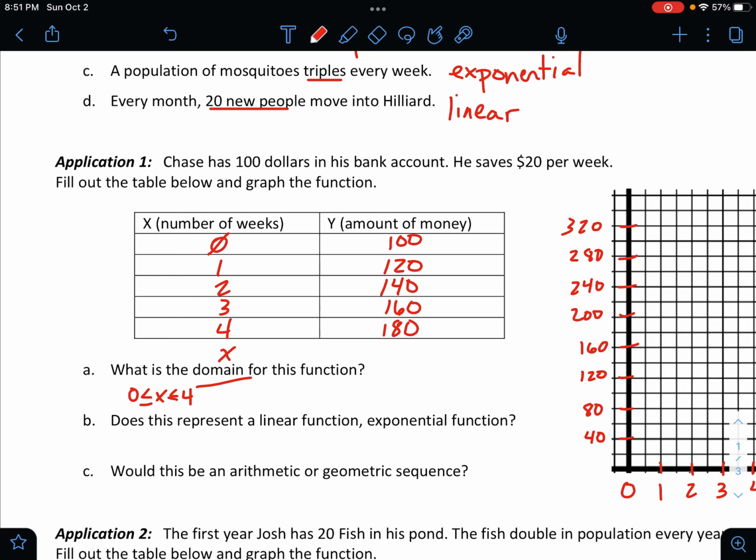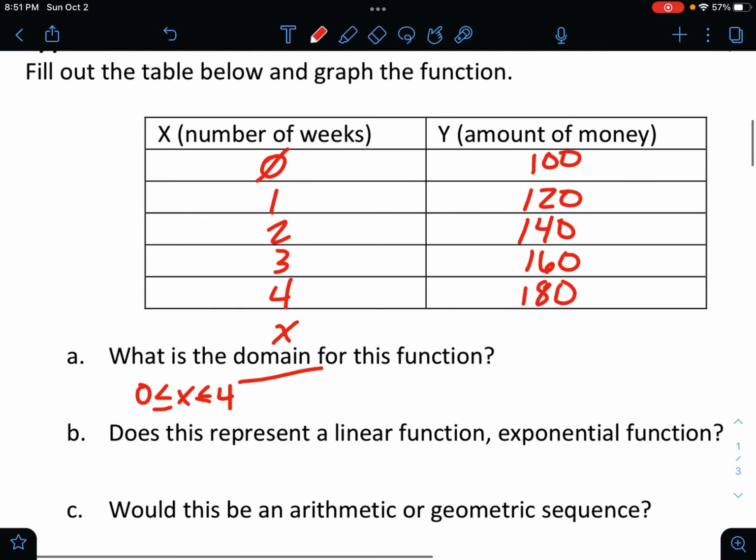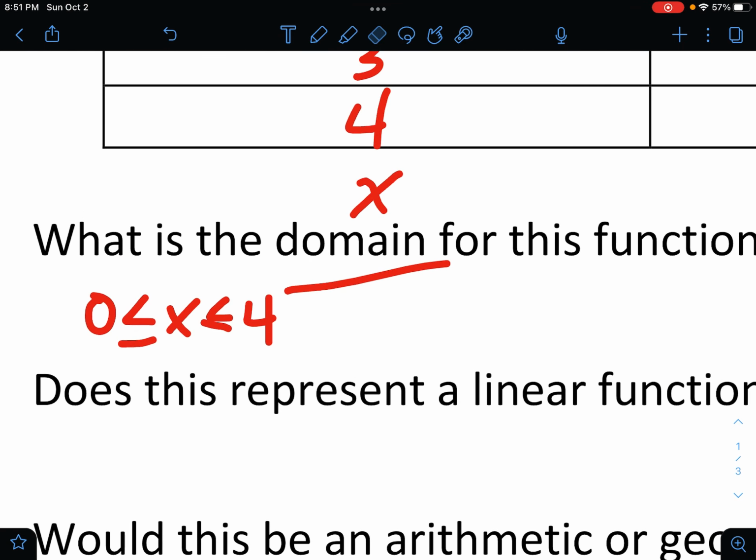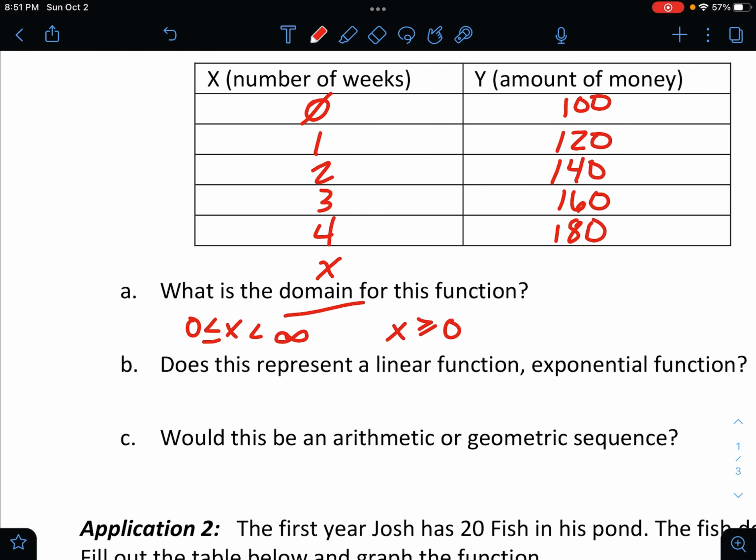However, because it says he's saving 20 per week and it doesn't tell us when we're stopping, we're just filling out a table, then this probably extends past 4 weeks. I'm going to assume that Chase is not just saving for 4 weeks. So we're going to say that this goes to infinity, or that your domain is any x value bigger than or equal to 0.